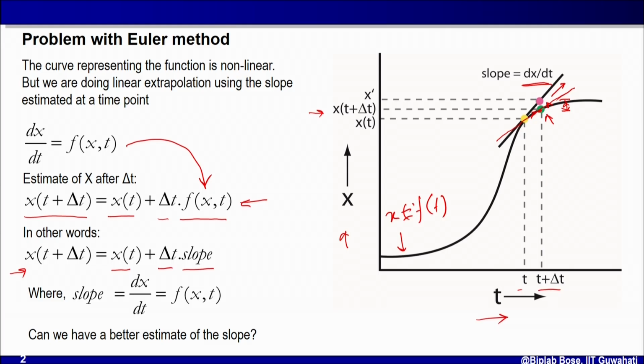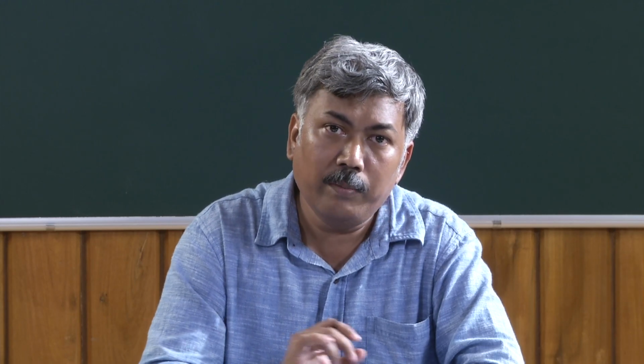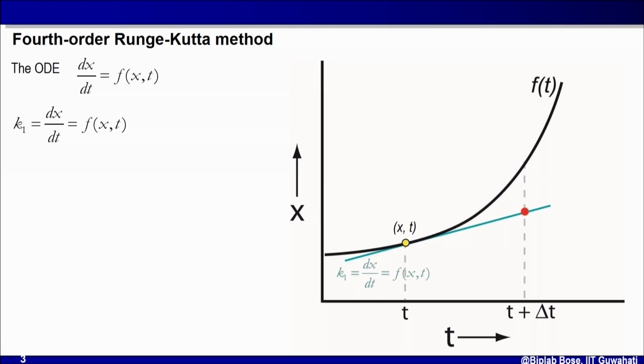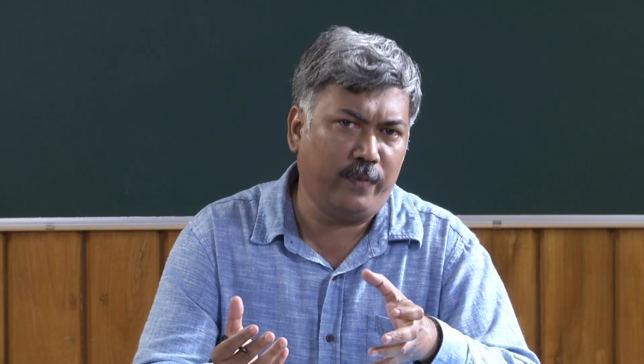So, in this module, we will study an algorithm which replaces this estimate of slope by a better estimate of slope, or rather an average estimate of slope, which is much better in extrapolation and getting the new value of x at time t plus delta t. This method is in general known as the Runge-Kutta method, and there are multiple algorithms belonging to this family.